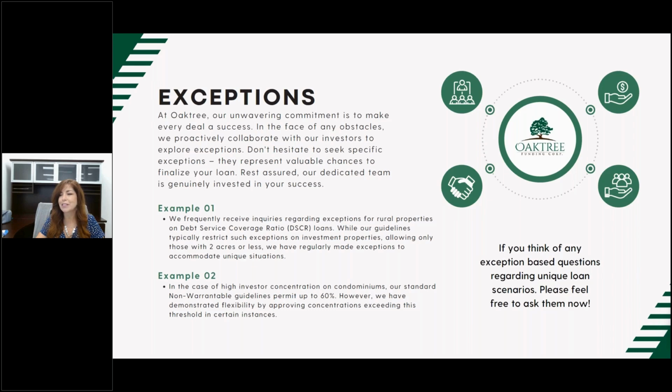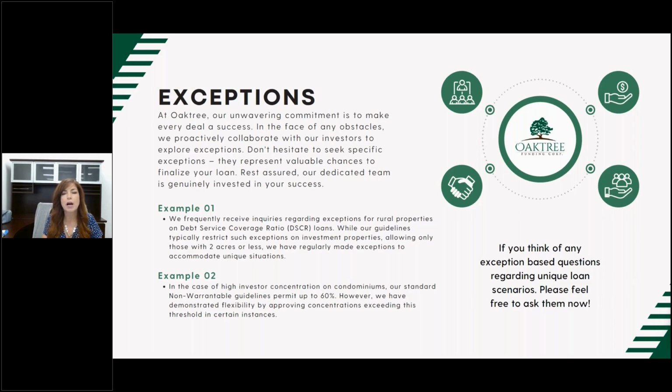That's a good question, and that's kind of a loaded question. If we have a DSCR loan and for some reason it doesn't make sense to go DSCR, say a first-time home buyer, so we can't go DSCR or whatever the case may be, yes, we can switch it to an income qualifying loan.